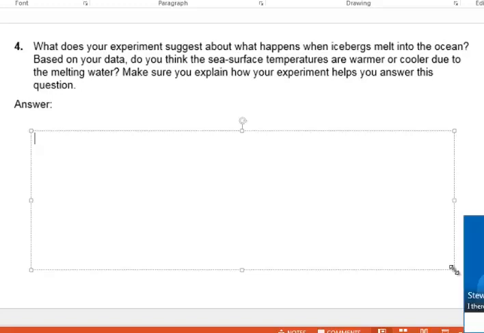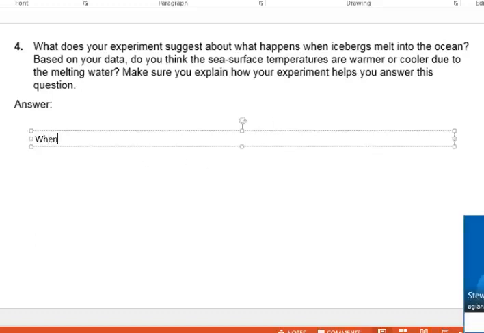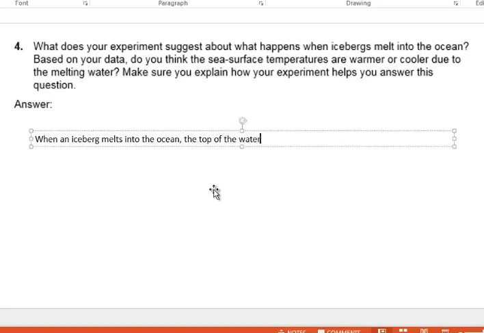What does your experiment suggest about icebergs melting into the ocean? So when an iceberg melts into the ocean, the top of the water would be fresh, less salty, and colder.